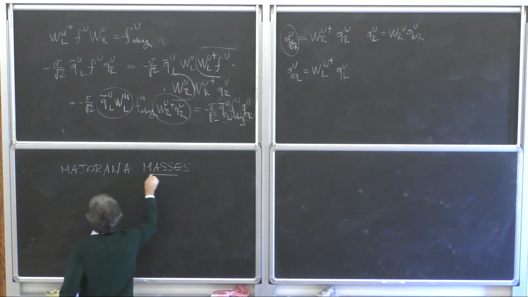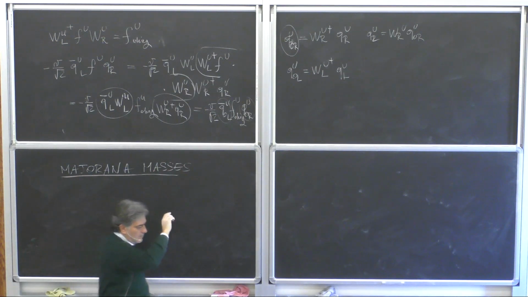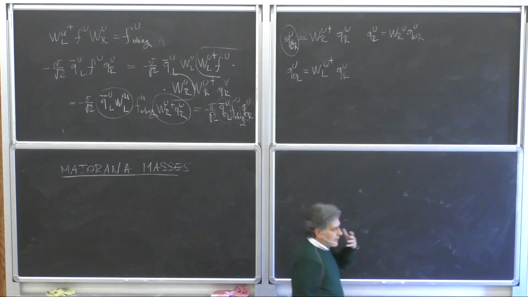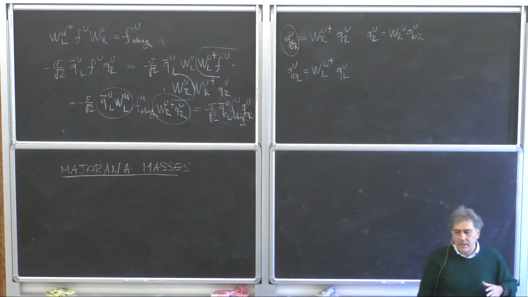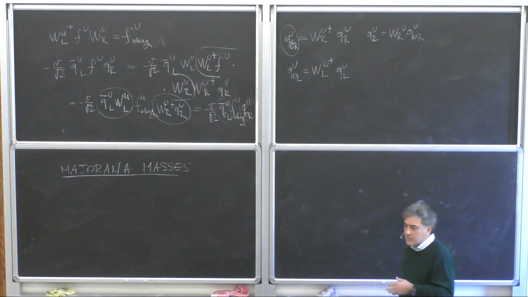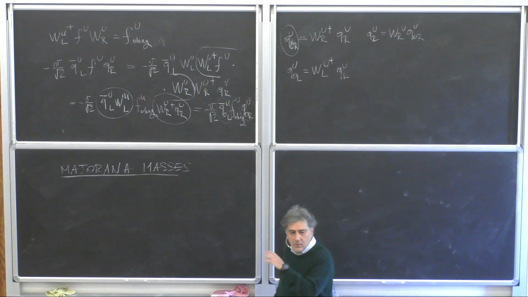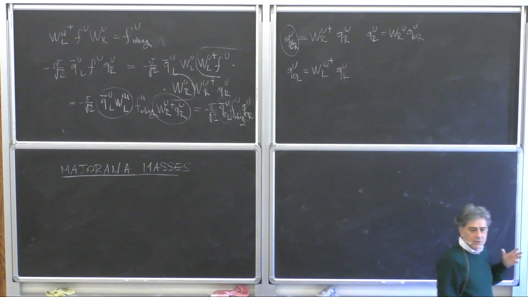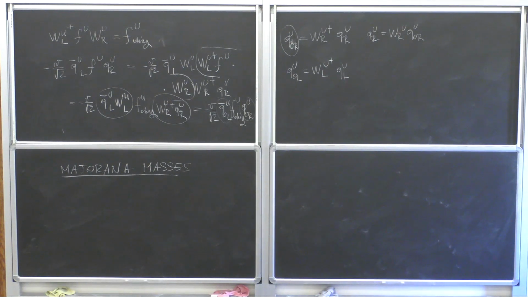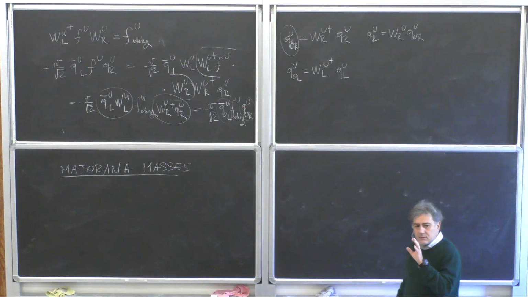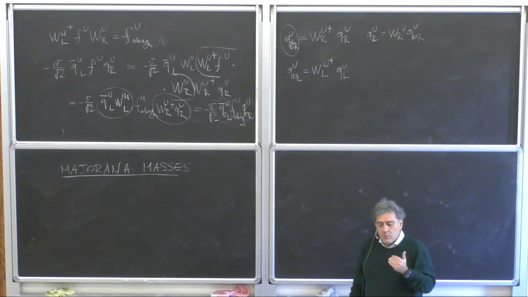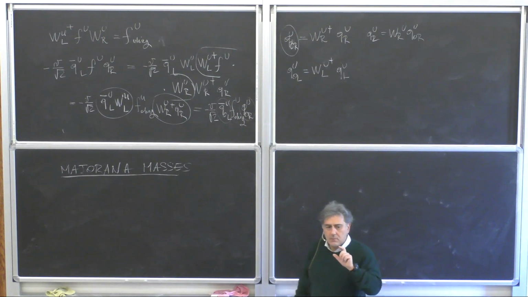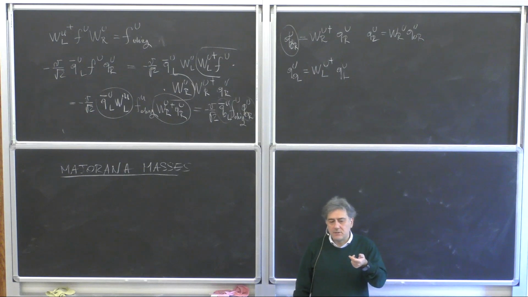Once again, I want to stress that if you want to properly write the Lagrangian for three families, you get a lot of indices, and so things appear a bit confusing. But actually the meaning of what we have done is very simple. When we introduce more families, the Yukawa couplings become matrices.